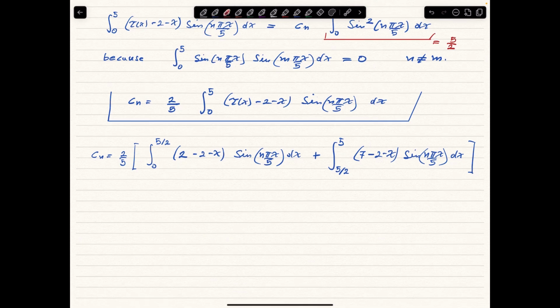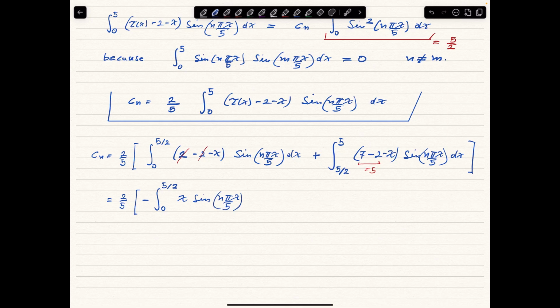So obviously these two cancel out. Obviously these other two give me a 5. And then we have the two terms with x. So let's see, what do we get? We get the 2 over 5 is always there. Then we have minus the integral from 0 to 5/2 of x sine of n pi x over 5.